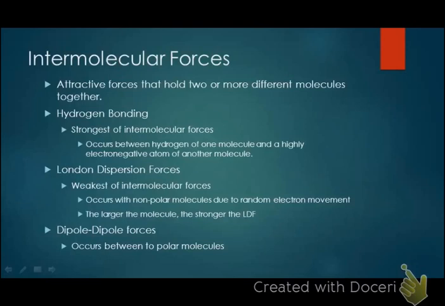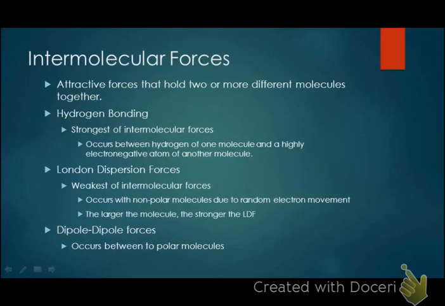For example, if I have a hydrogen bonding to an oxygen, a nitrogen, or a fluorine. These are examples of very highly electronegative atoms. We're going to usually see this happen for hydrogen bonding.